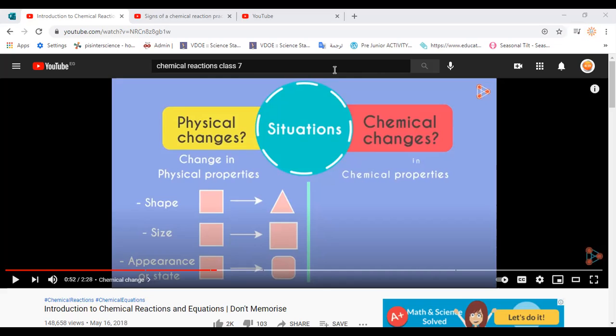Which means the salt is already there, but I just can't see it. So it is still salt as it is, but I can't see it. That means a change in the appearance, but the structure is still the same, because if the structure of the salt changed, it would not be salty. You got the idea? Is it clear for everyone?